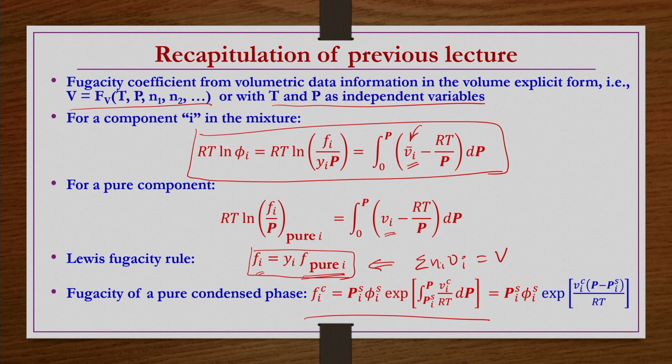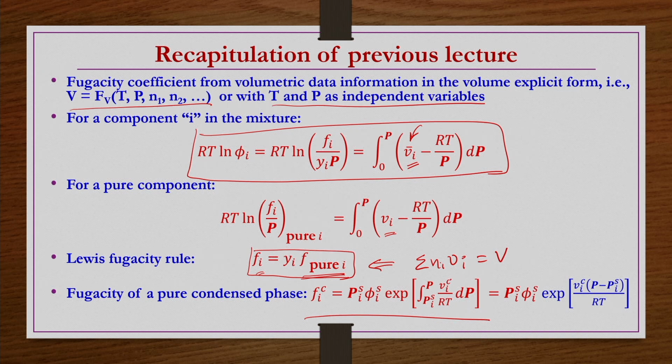Below the saturation pressure the vapor form exists, and beyond the saturation pressure the condensed liquid form may exist. At the saturation pressure these two phases are at equilibrium. Pis is the fugacity of that pure component under saturated vapor conditions, or the fugacity of a saturated vapor.